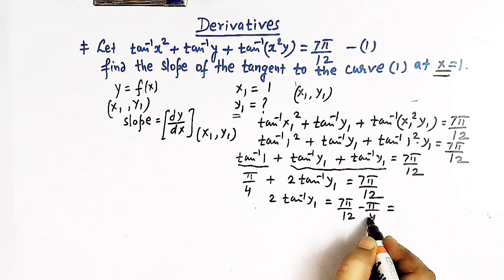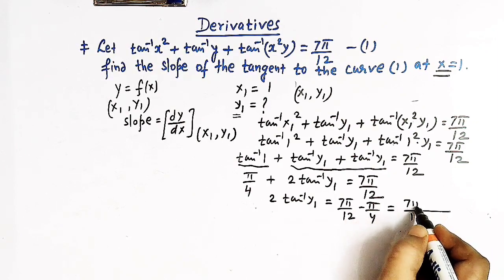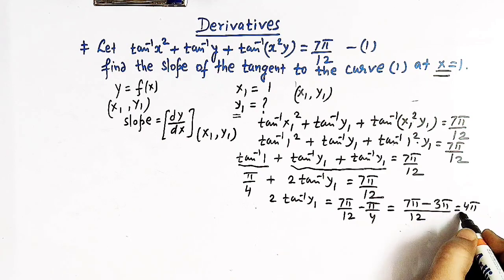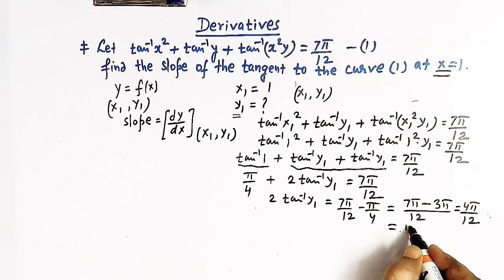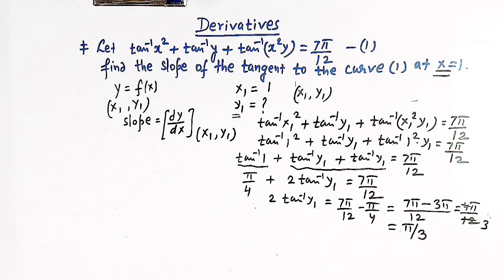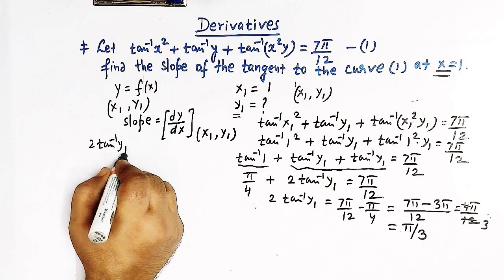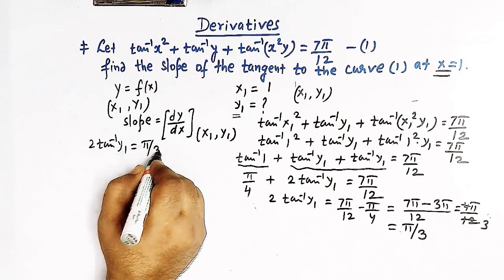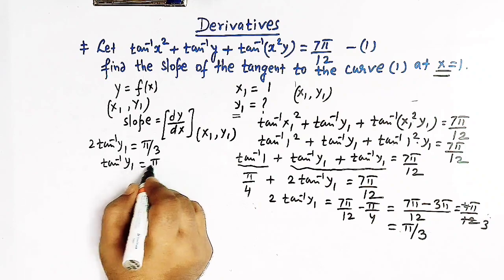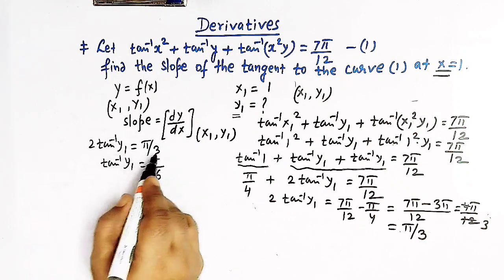Now simplifying this term, we have 12 as the LCM. Here we have 7 pi, here we have 3 pi. So this is 4 pi by 12, that is equal to pi by 3, since 4 times 3 is 12. So we have 2 times tan inverse y1 is equal to pi by 3. So tan inverse y1 is equal to pi by 6, since we have taken this 2 to the denominator.